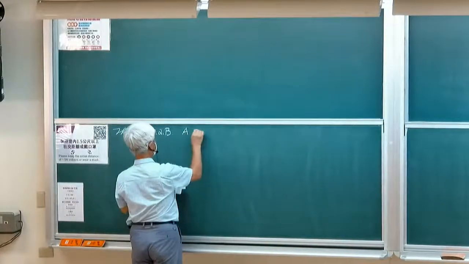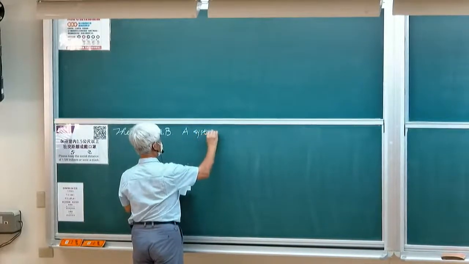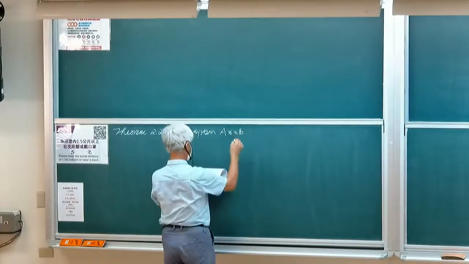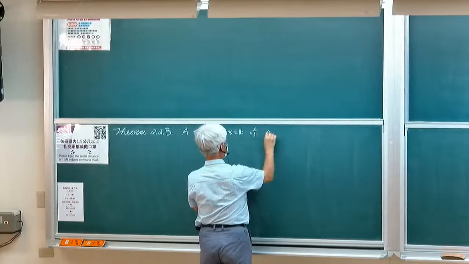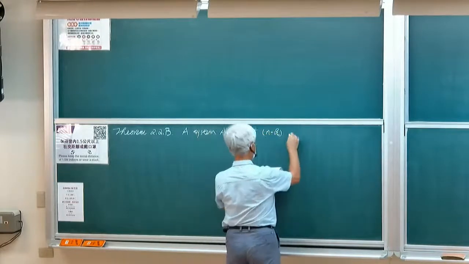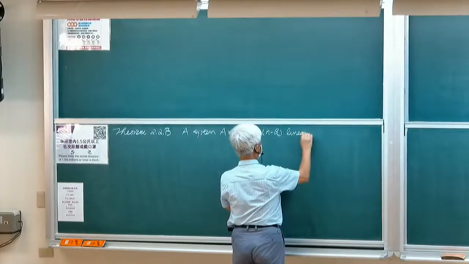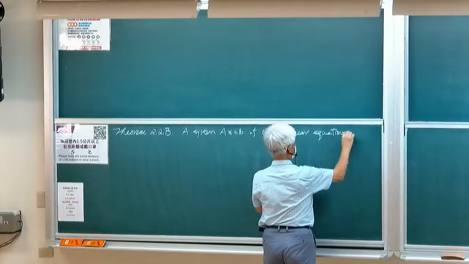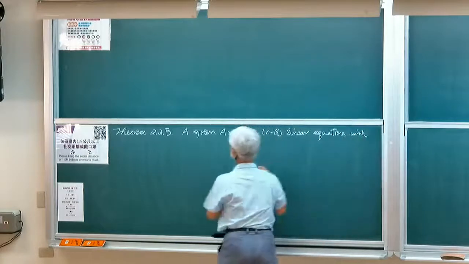So suppose we have a system Ax = b of n minus k linear equations with n unknowns.